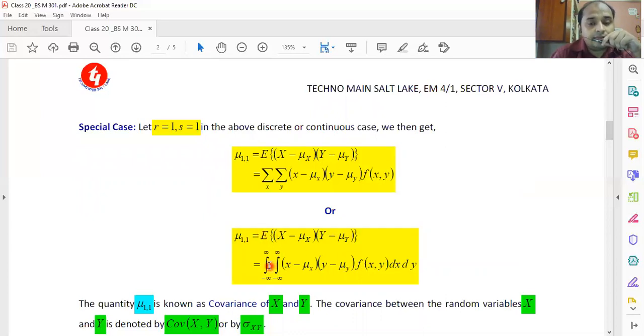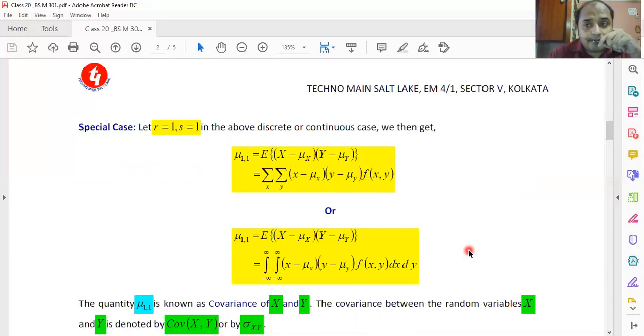The only thing you have to remember is that these two fxy's are different. Here fxy represents the probability mass function if capital X and Y are discrete, and this fxy represents the probability density function if capital X and capital Y are continuous.